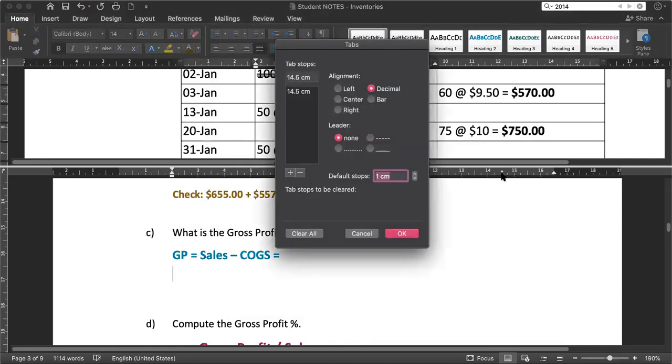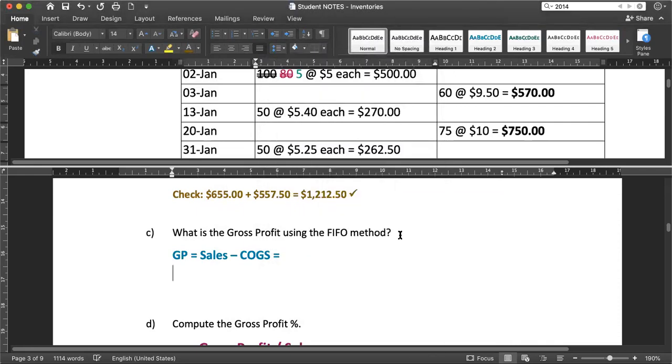Okay, so the sales are going to be 60 units at $9.50, and that would be $570.